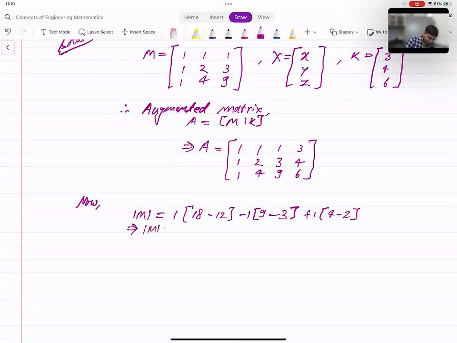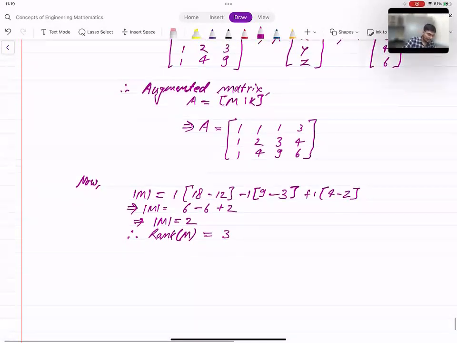This comes out to be 6, then 9 minus 3 is again 6, so minus 6, and then 2. So the value of the determinant of the coefficient matrix is 2. Since this value of determinant is not 0, the rank of M is 3.